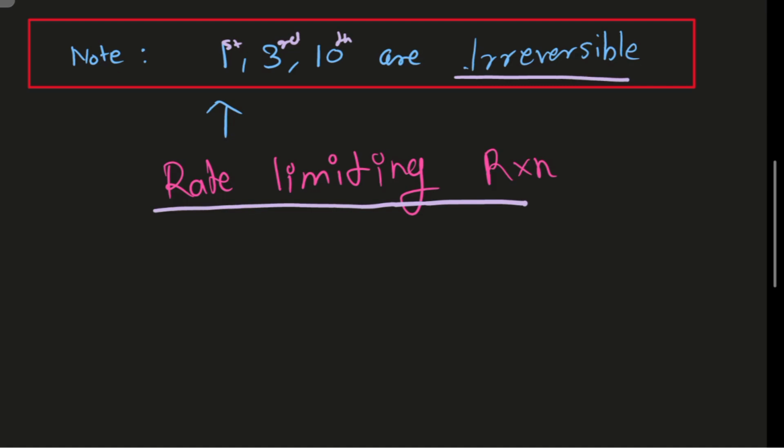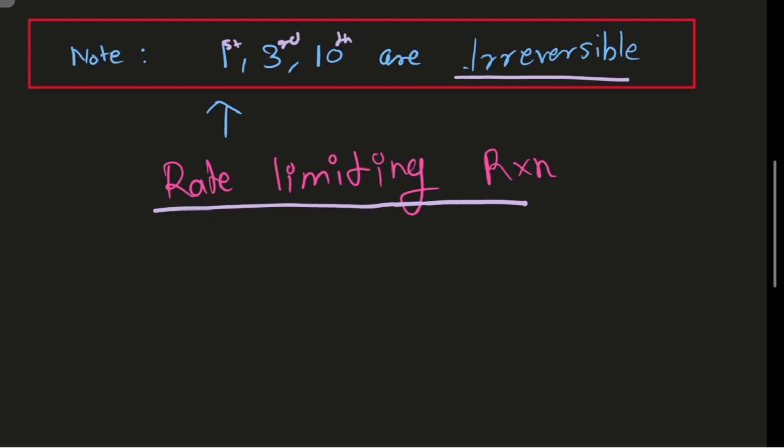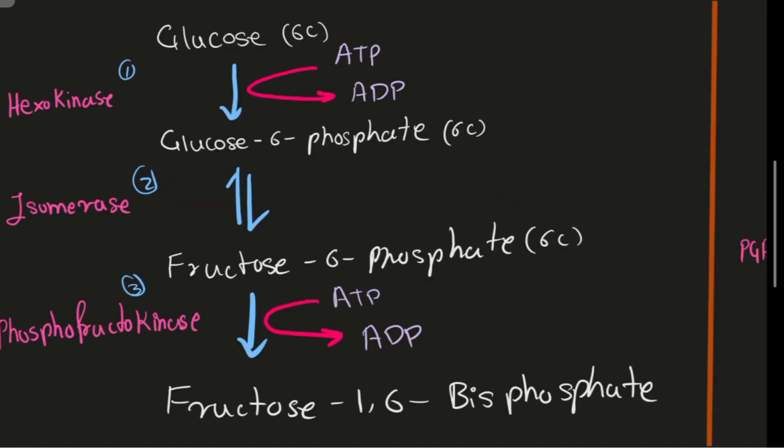So let's see the 10 steps of glycolysis. First, starting with glucose, a simple sugar which is 6 carbon.